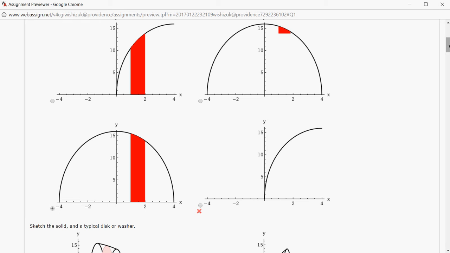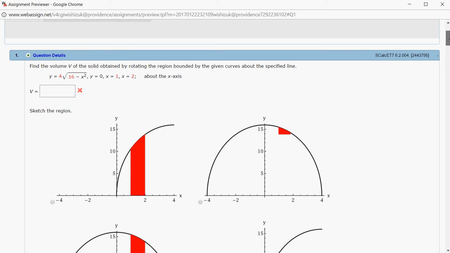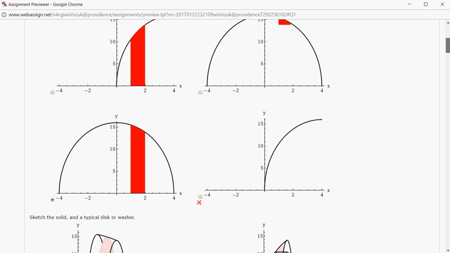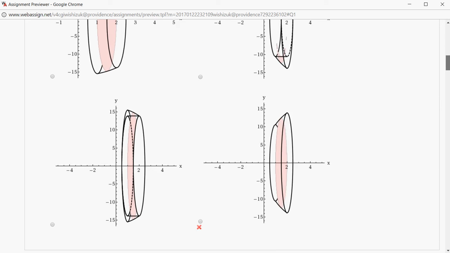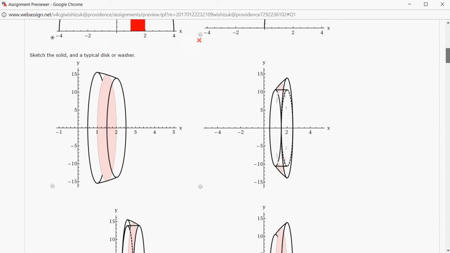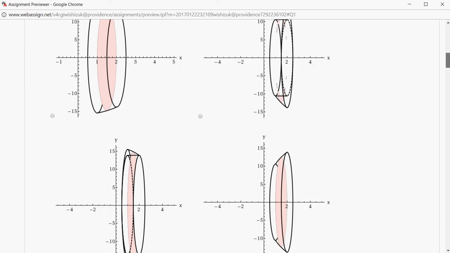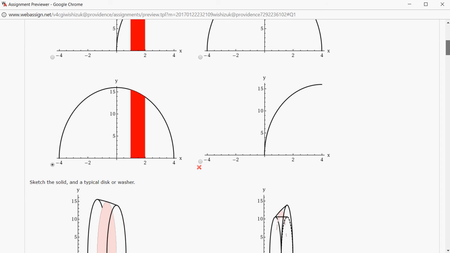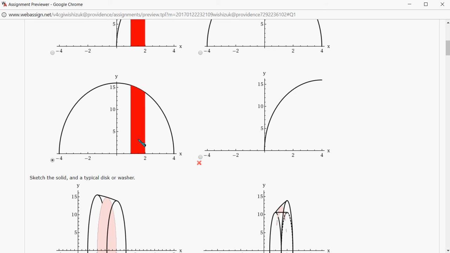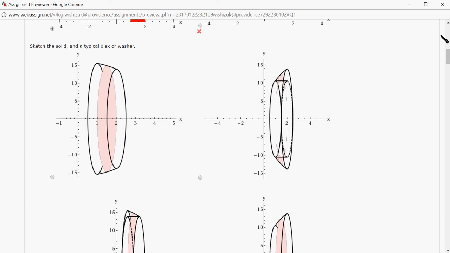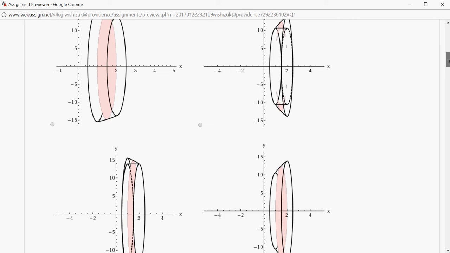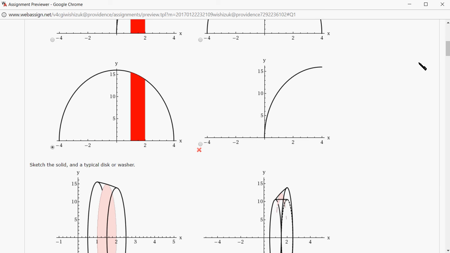Then the solid is obtained by rotating the region about the x-axis. Let's see, they look kind of similar, but if you rotate this region around, the first one looks promising. Not the second one because it's tilted this way.